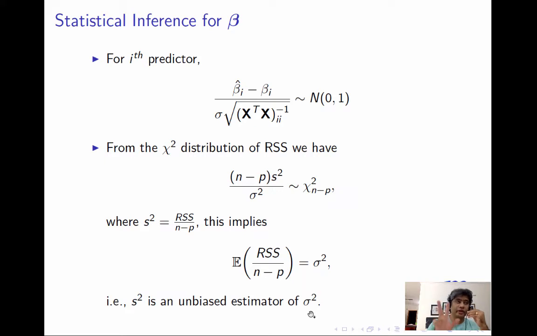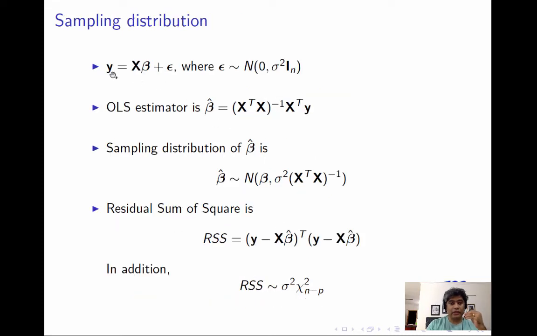Remember that there are only two sets of parameters. One is beta, and the other is sigma square. So if you go back here, in this model, beta is the main parameter, the regression coefficient, and there is another parameter, sigma square.